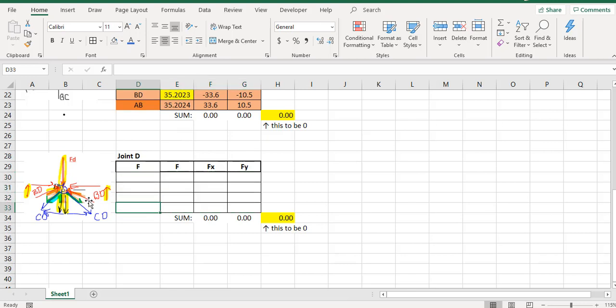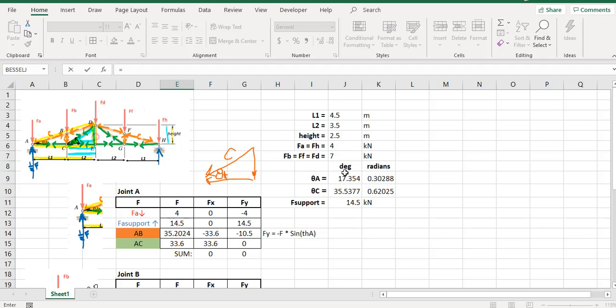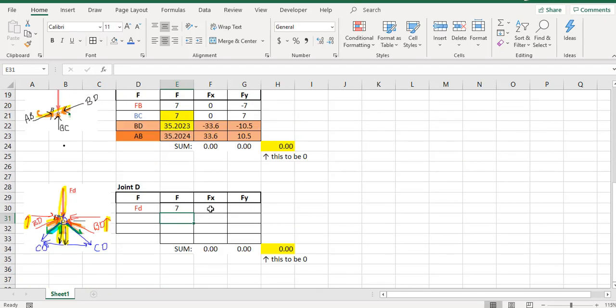We'll figure out, so I have 1, 2, 3, 4. I'm not going to worry about the 0 force member. And I have FD happening at the top. Okay, so FD, let me grab that from the table up here. So here is my FD. And that is coming straight down at the top.